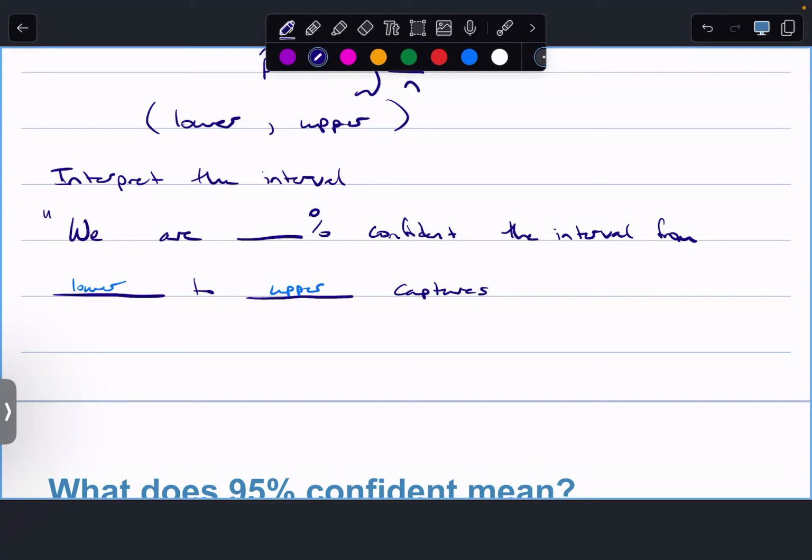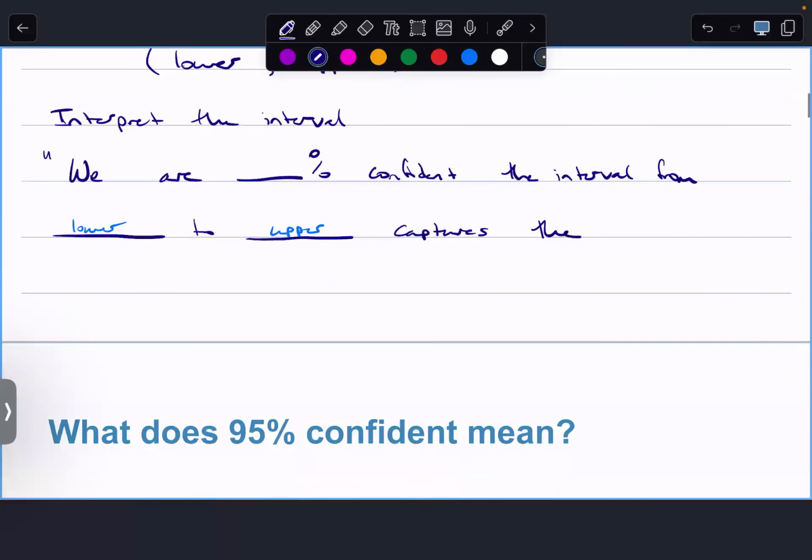We don't know what it is, but if I were to collect the entire population and I calculated the population proportion, it would just be one number and it's just fixed. I just don't know what it is. So then what I'm doing is I'm building intervals around my sample proportion, building out some buffers. And then I'm trying to see if I can capture the population proportion. But I'm only 95% confident that I have, or I'm only 90% confident that I have. And so it captures the parameter.